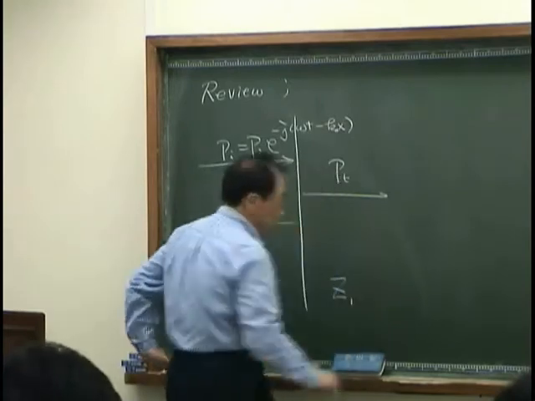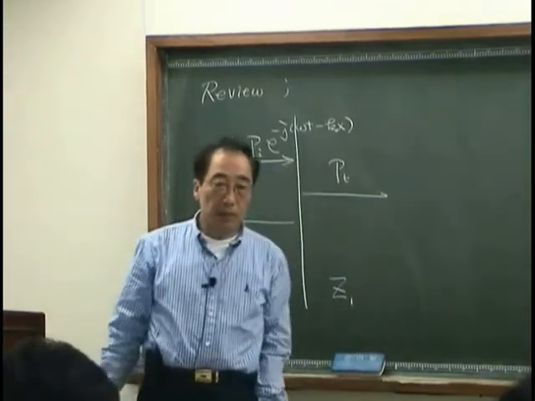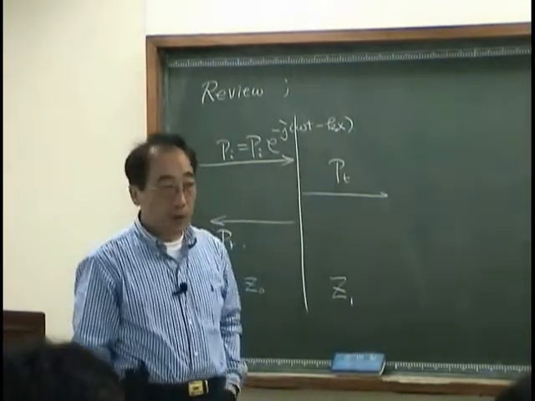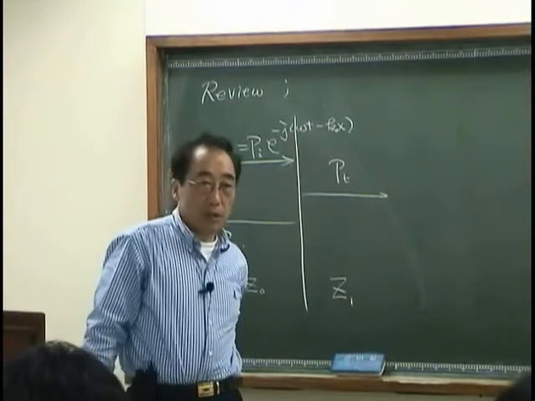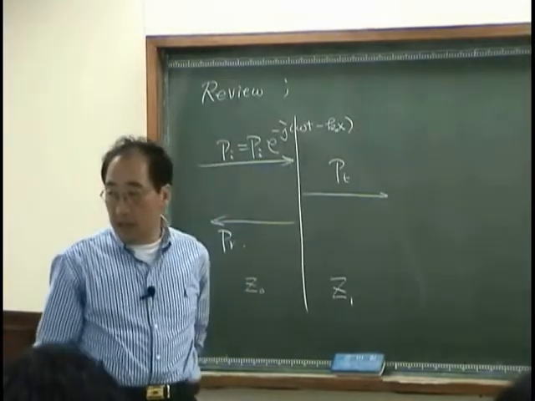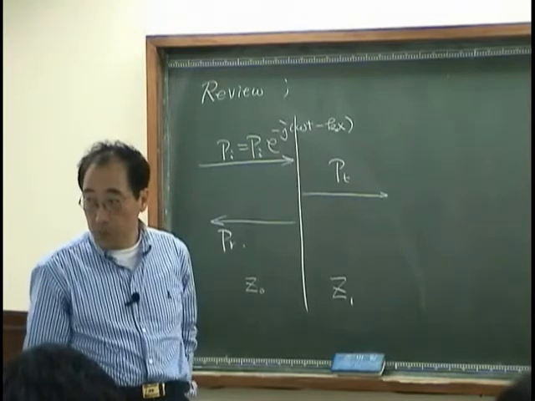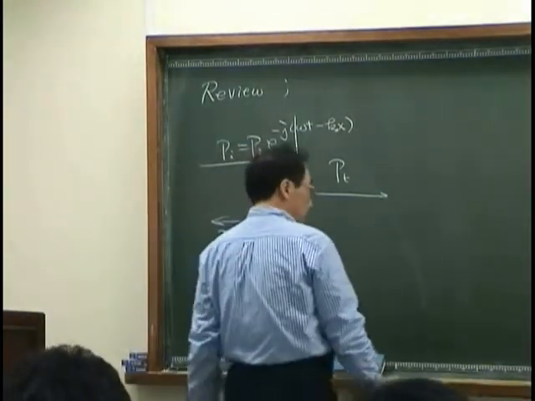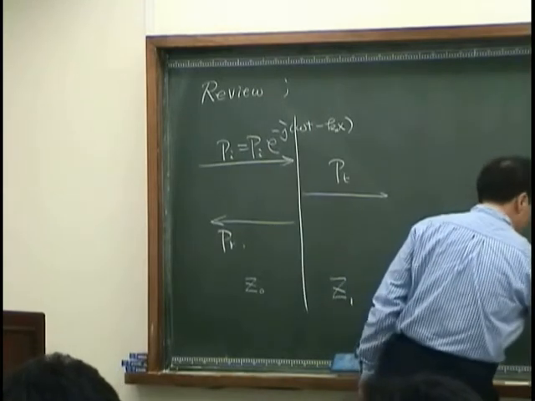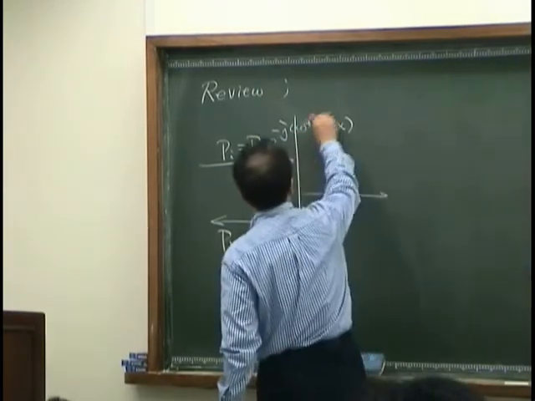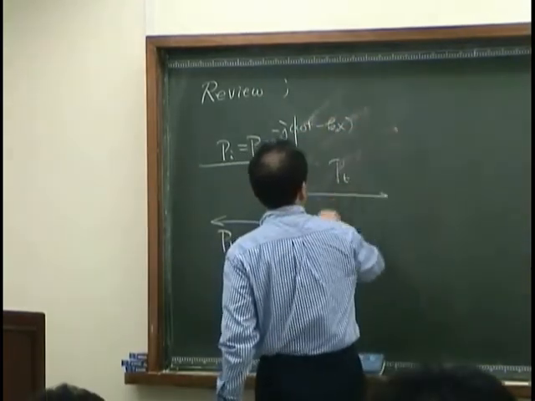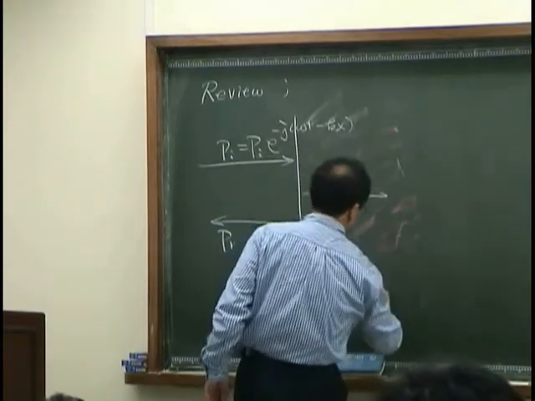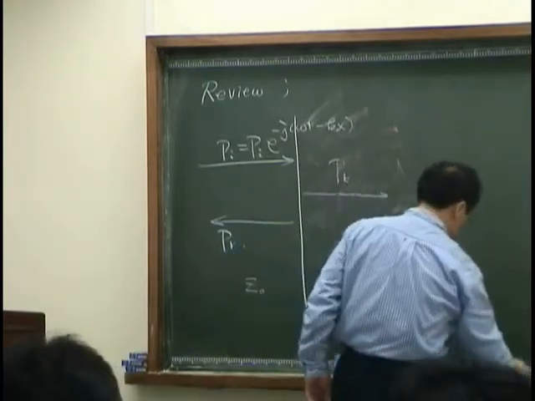We also assume that this medium has a different characteristic impedance. We denoted that as Z1. We have a different medium like this.